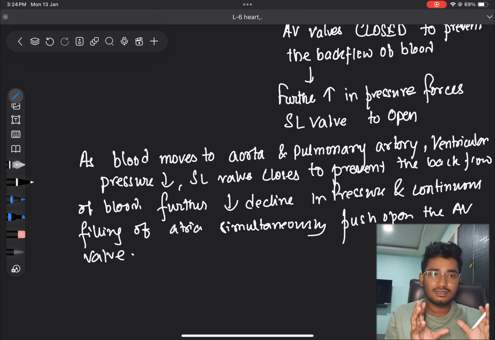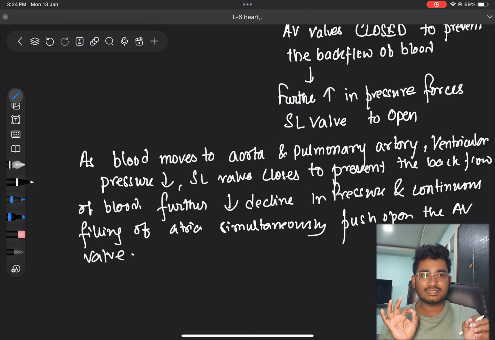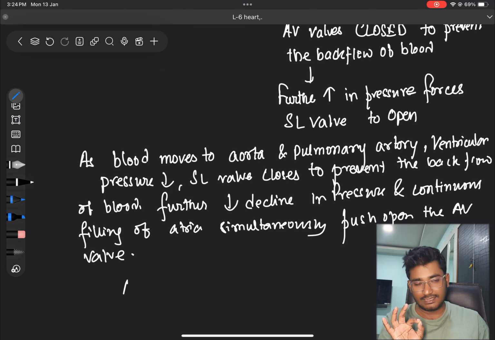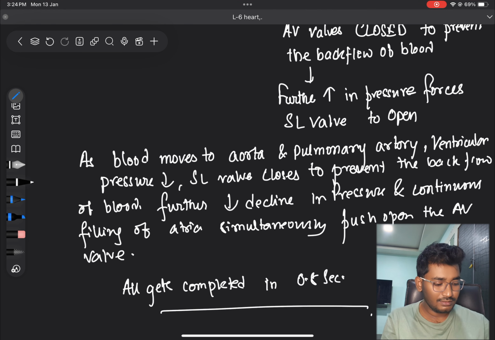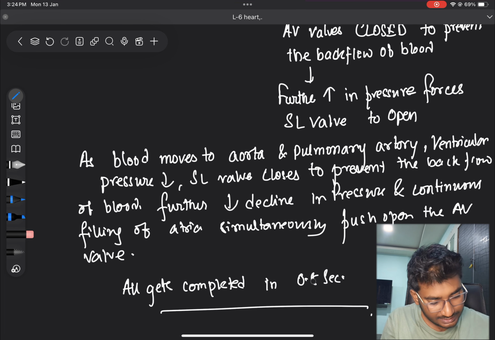All these events get completed in 0.8 second.